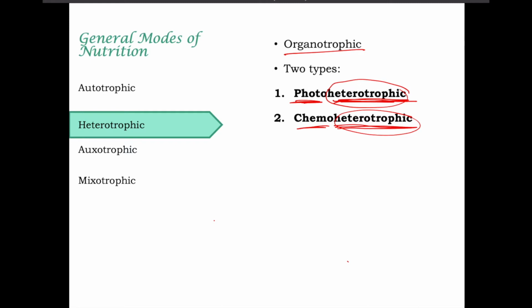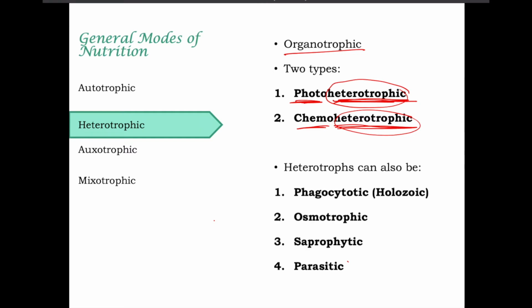Okay? So your organotrophs or your heterotrophic organisms can also be what we call phagocytic, osmotrophic, saprophytic, and parasitic in nature. What do we mean by these terms? When we say phagocytic or holozoic, these are your raptorial organisms.